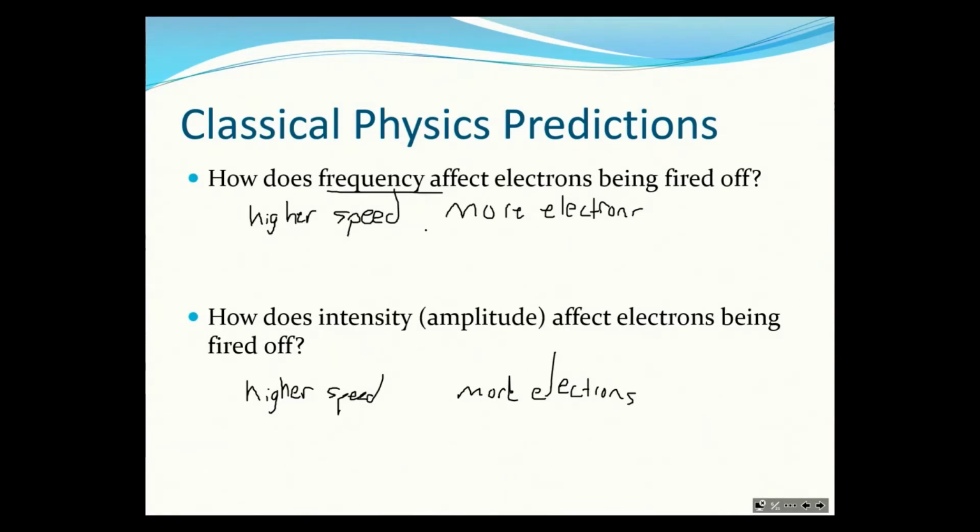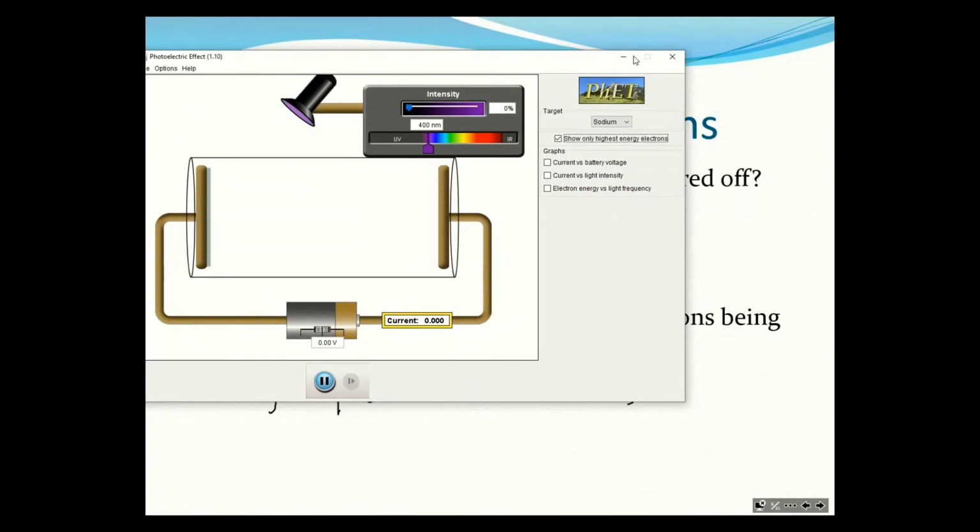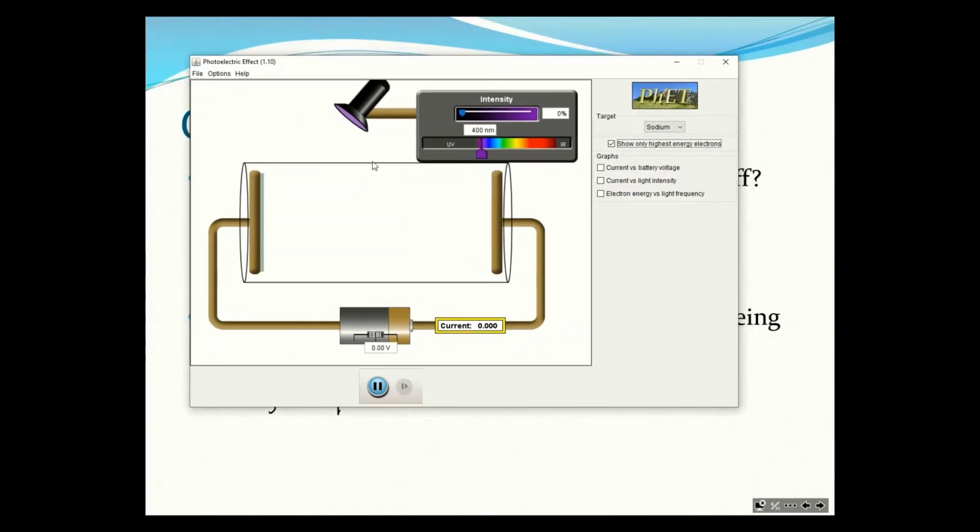So what we see in the photoelectric effect when we do this experiment, oops, I can't make that any bigger, is not what classical physics represents. So here's my metal plate over here, and I can shine a light on it, right?